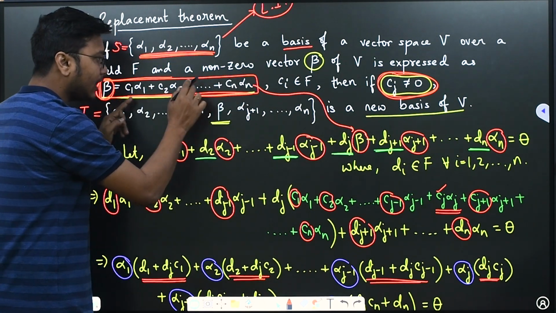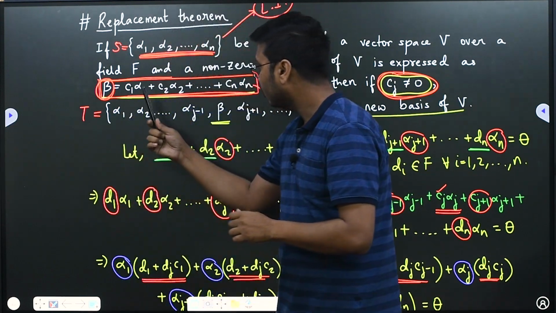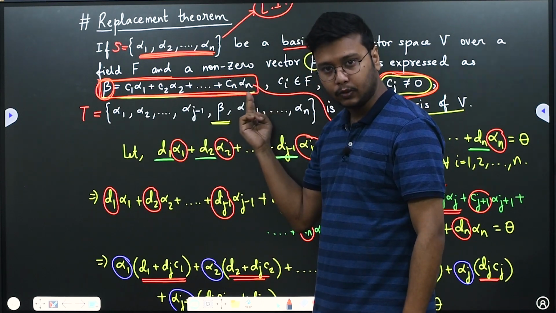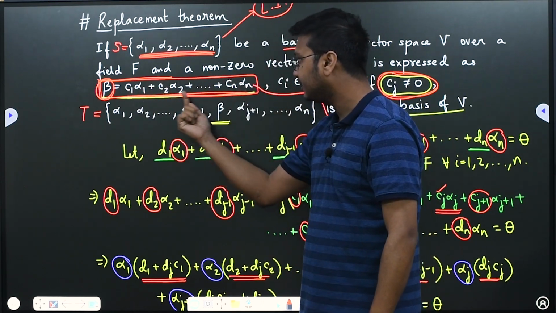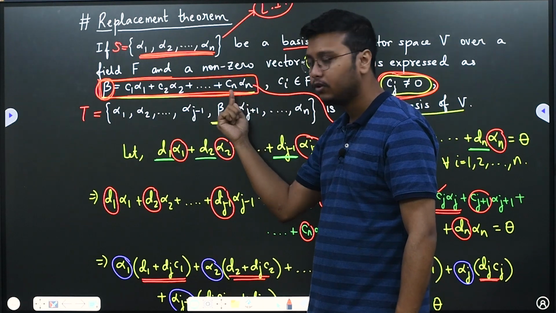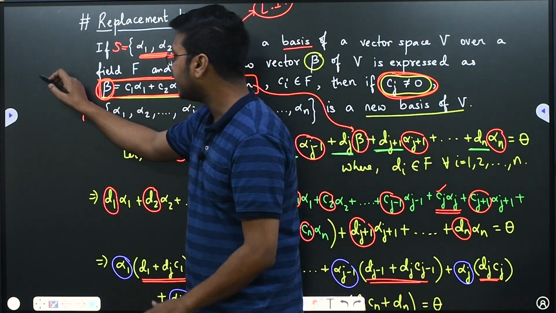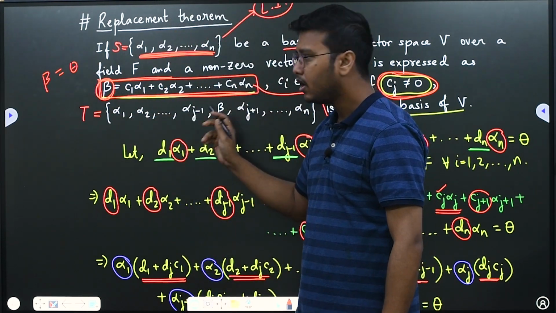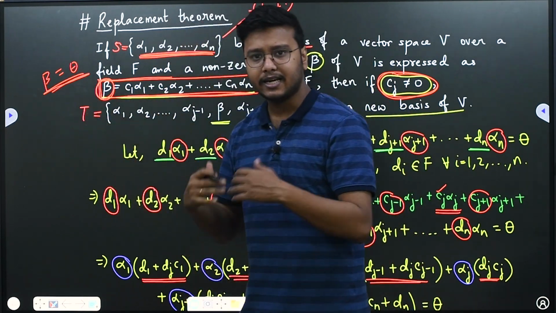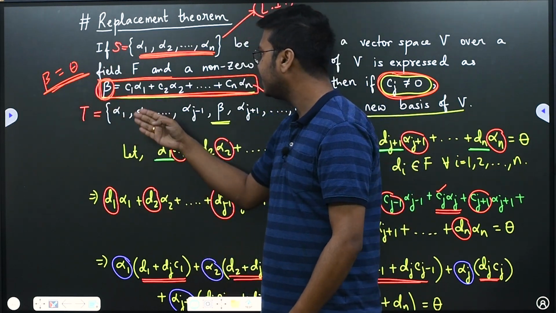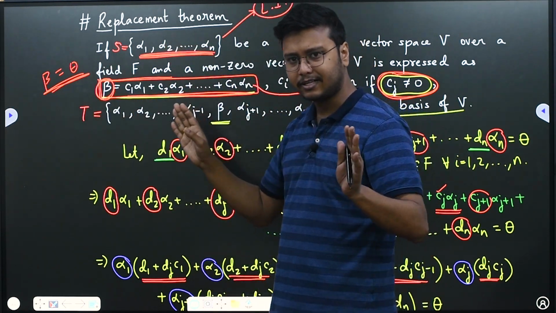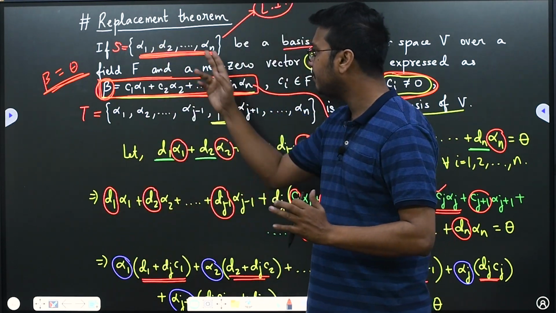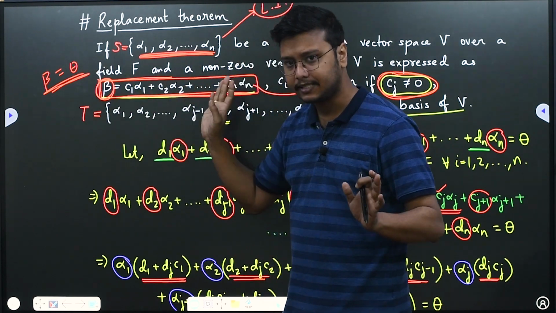In that expression, I have to figure out which constant is non-zero. If all the right hand side constants are 0, you can understand that beta would become equal to theta, and obviously I cannot include theta in a basis. So if beta is equal to theta, it can never be brought into the basis, because then the set would become linearly dependent. Any independent set cannot contain the element theta, right?